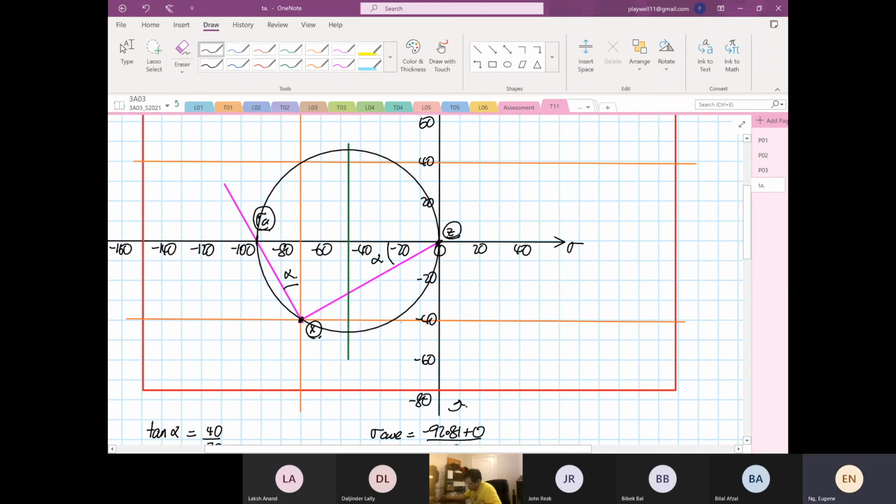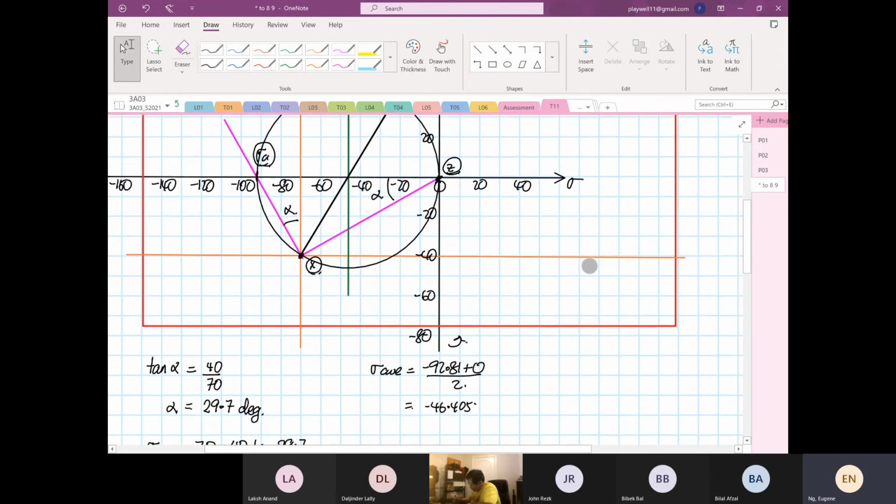Then we draw another line across the stress average line. Once it crosses, this is our point Y. So this answer is okay for now.